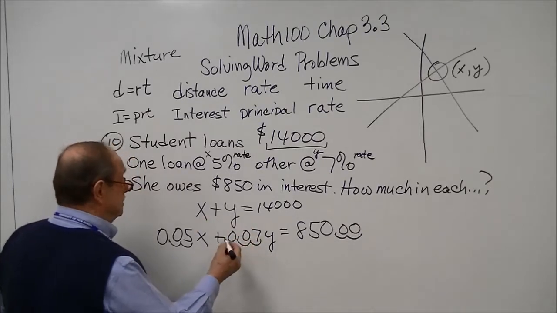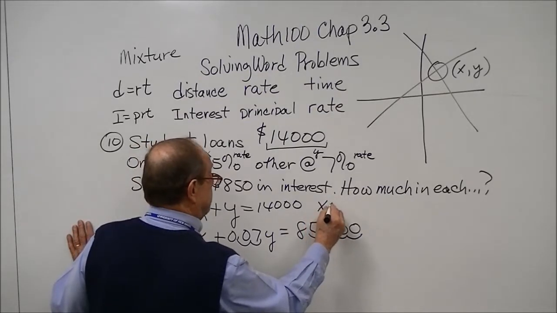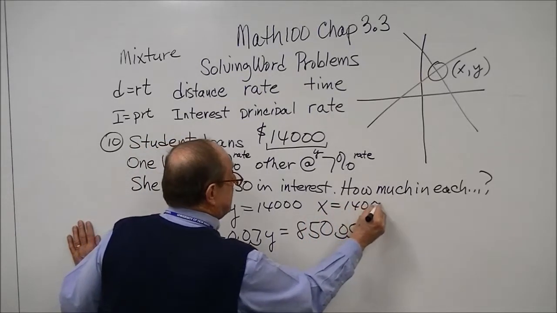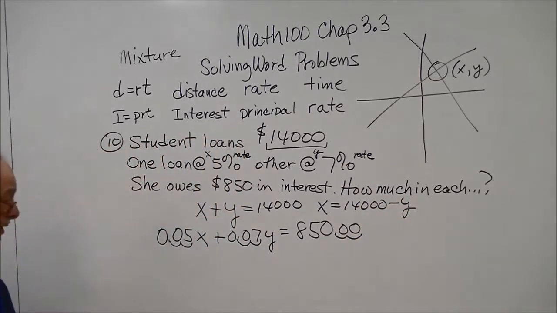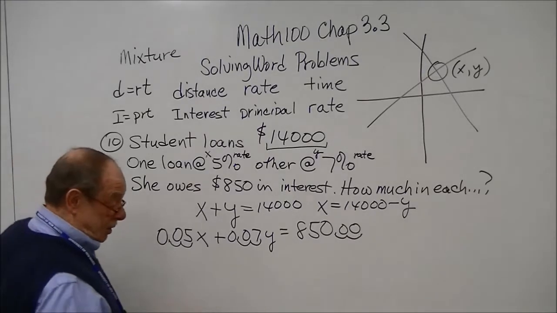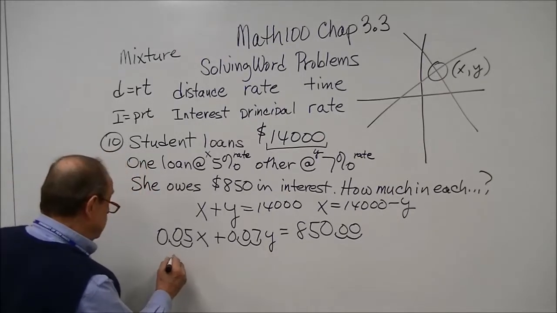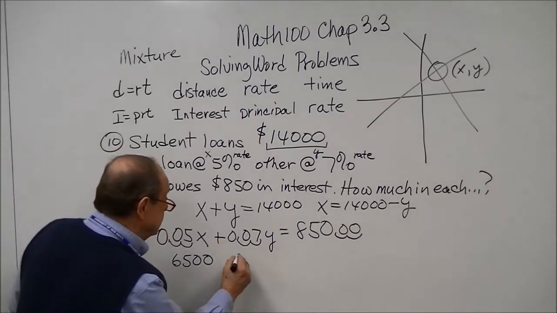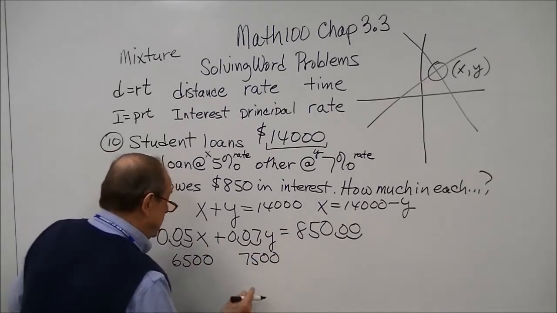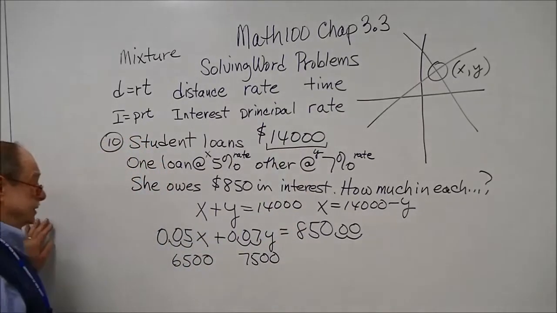You're going to solve by substitution. And this will be x equals 14,000 minus y. And we've done those before. And when you work it all through and you get the answer, the 5% is going to be 6,500. And at the 7%, it's 7,500. And these add up to 14,000.